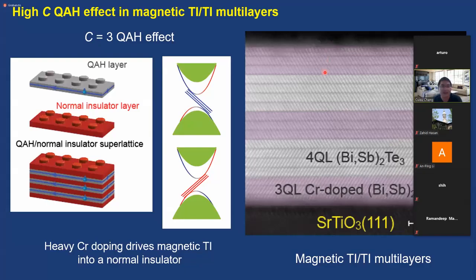And this is the TEM image of the heavily doped magnetic TI and TI heterostructures. We can see a very highly ordered lattice structure.